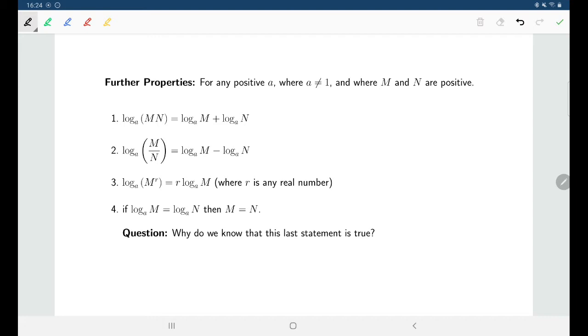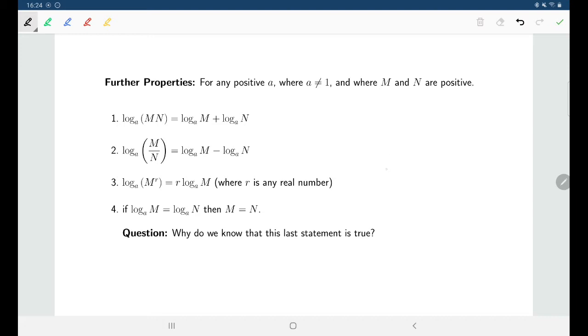Log base a of m, whatever you get, is the output of your logarithm, and the same for log base a of n. So really what we're saying is if the logarithms have the same outputs, then they must have the same inputs, which is a fancy way of expressing that log base a is 1 to 1.